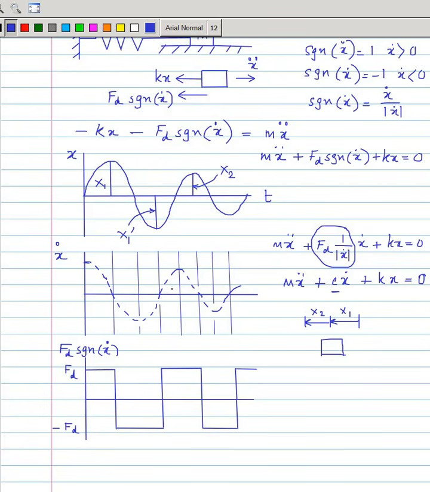During this portion of motion, from x1 to, sorry, not x2, this is x1 dashed. I am again repeating, this is x1, then this is x1 dashed.